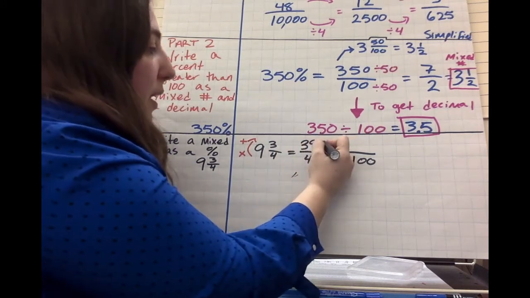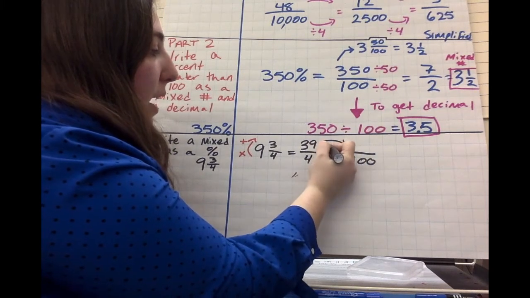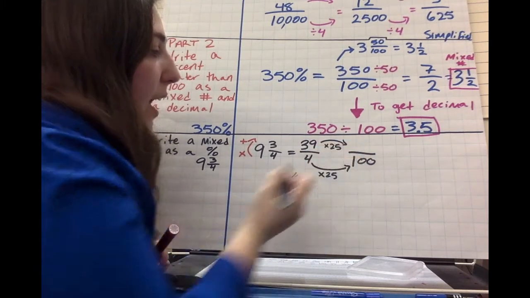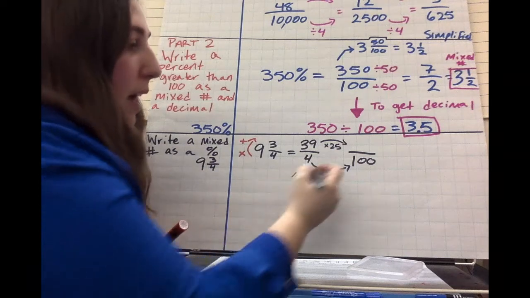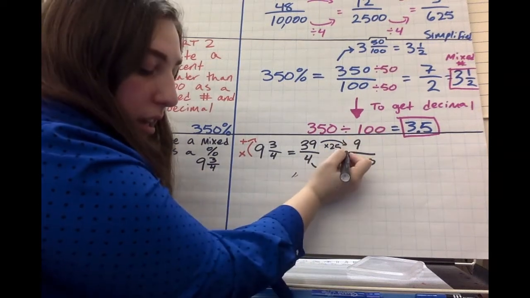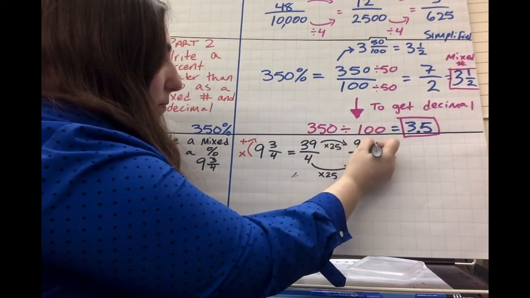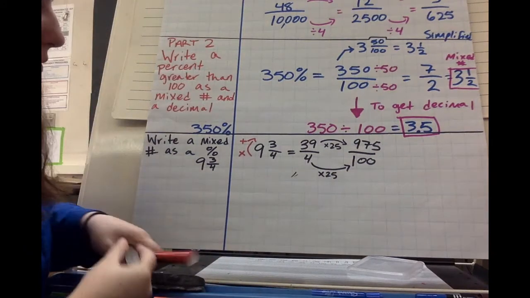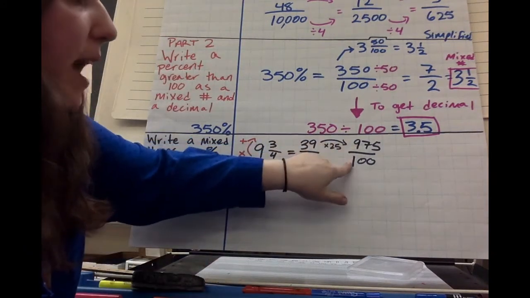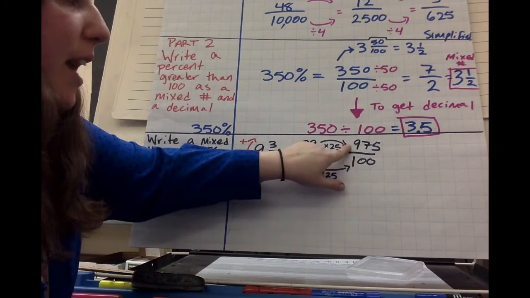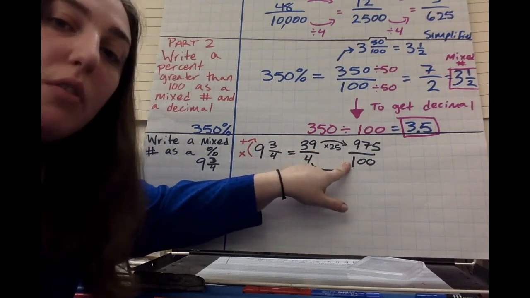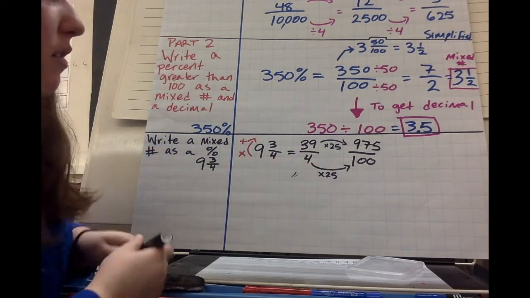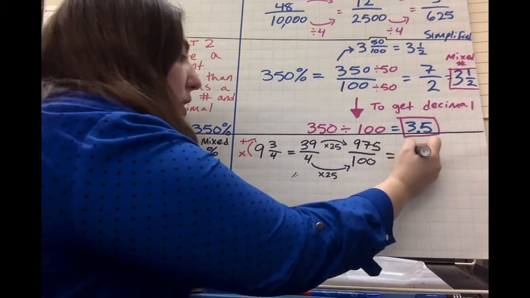So I'm going to do the same thing up here. 39 times 25 is going to be 975. So now I have something out of 100. I have 975 out of 100.